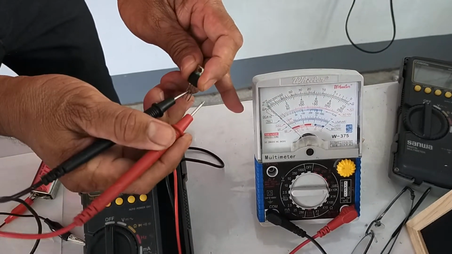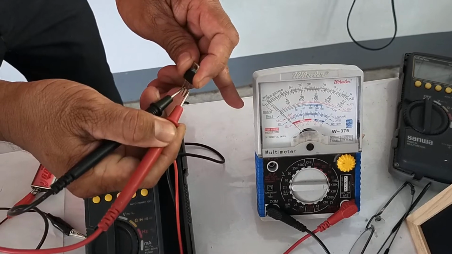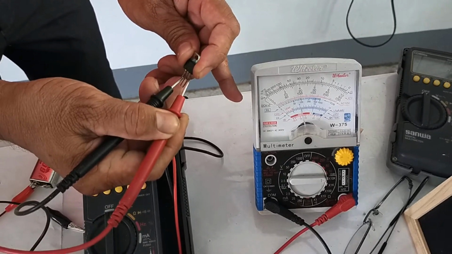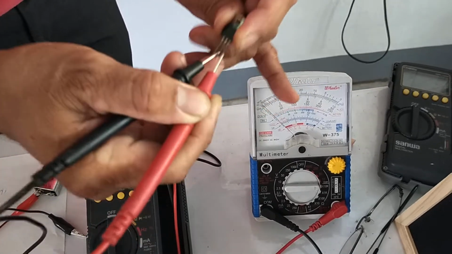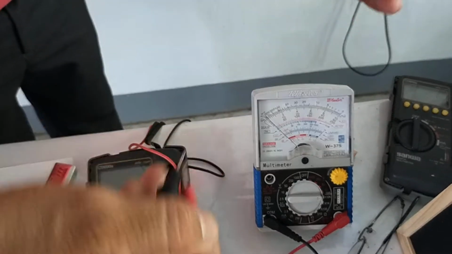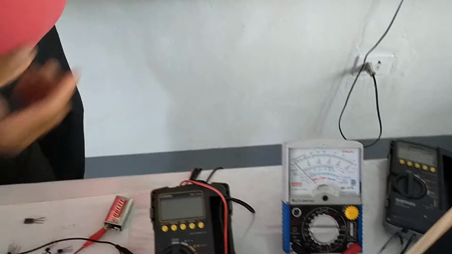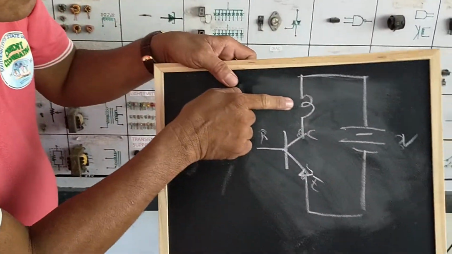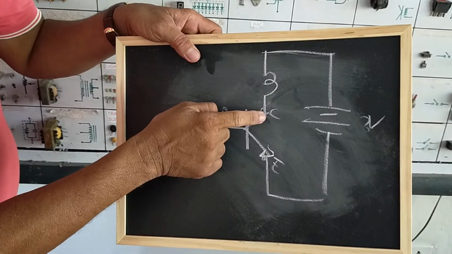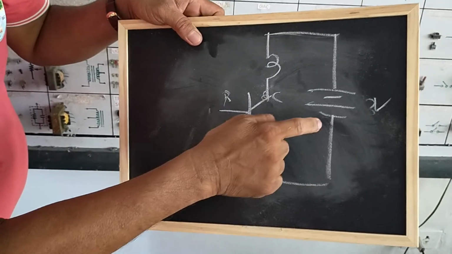We have here the collector and the emitter. The resistance is very high, almost 20 million ohms or 20 mega ohms. That is why the bulb won't glow, because the resistance here is very high.